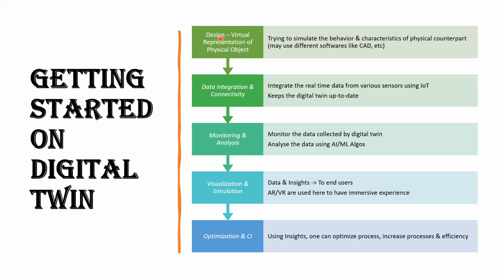So you need to design the virtual representation of the object. Basically, you're trying to simulate the behavior and characteristics of the physical counterpart. You need to have the data integration, data coming out from different IoT sensors, keeping the digital twin up to date. And all this information is stored in the cloud.